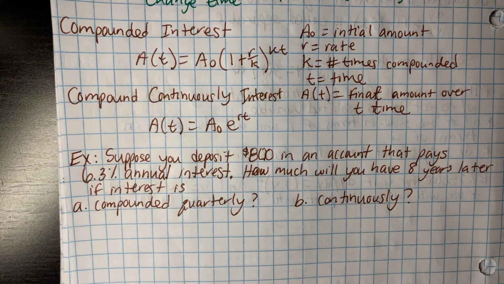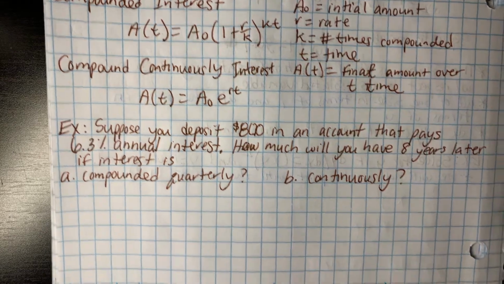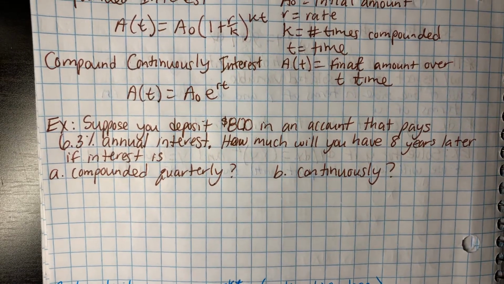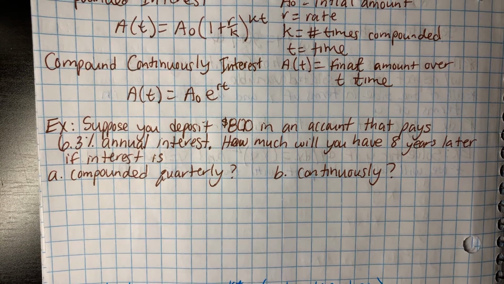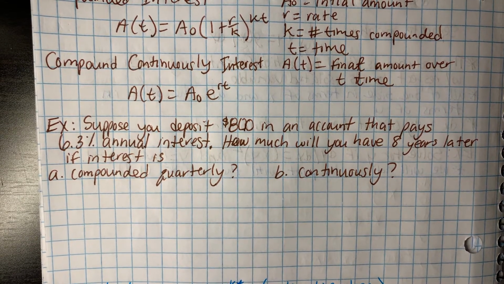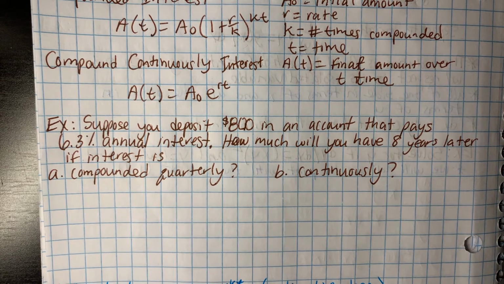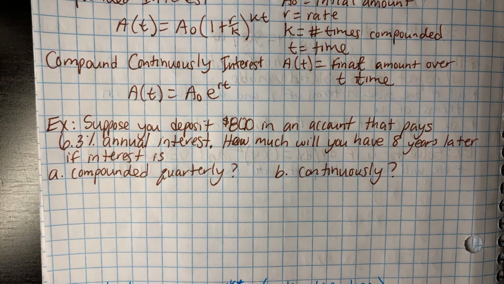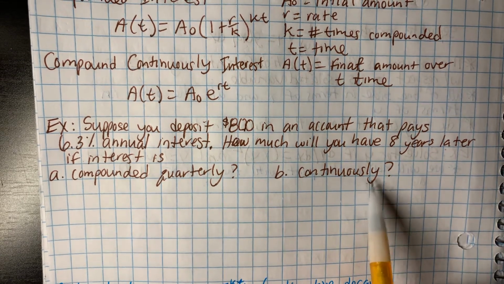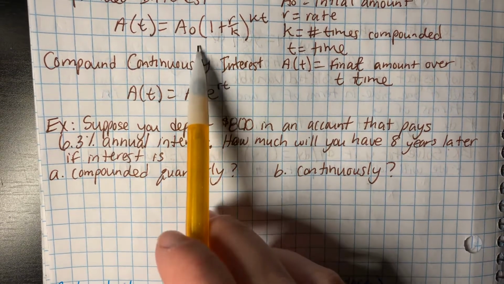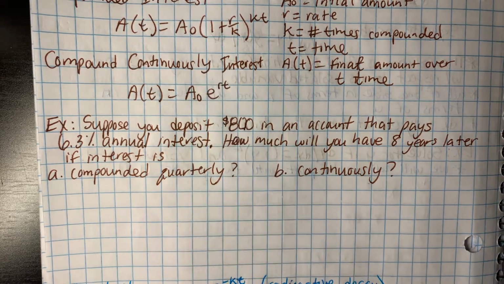All right, so an example for you. It says, suppose you deposit $800 into an account that pays 6.3% annual interest. How much will you have 8 years later if the interest is compounded quarterly and compounded continuously? So for compounded quarterly, we're going to have to use this first equation.